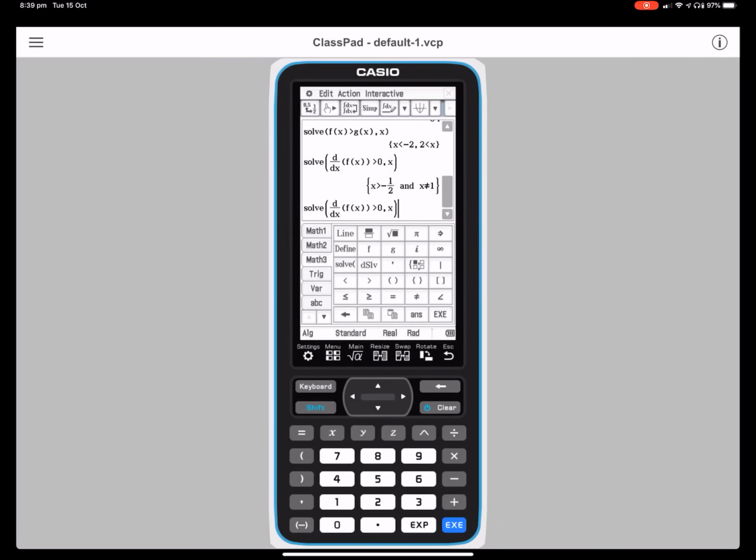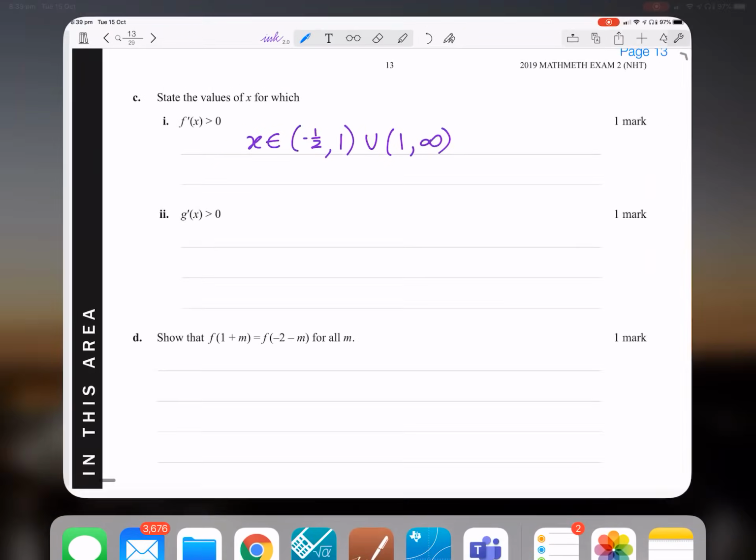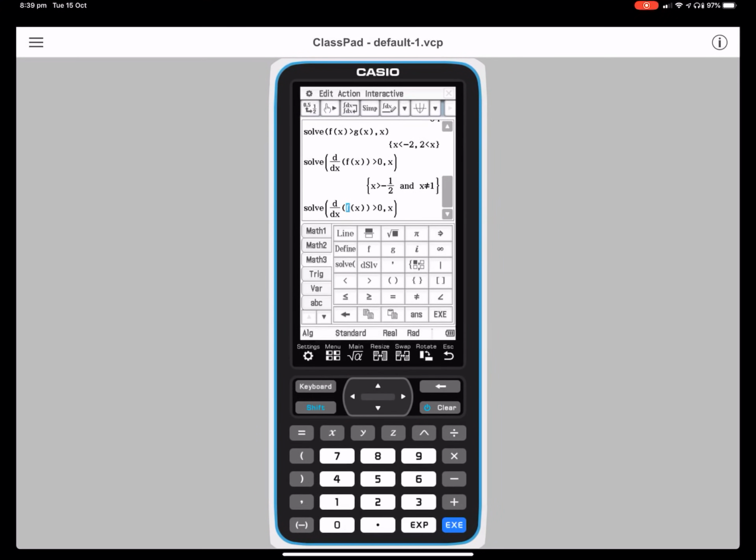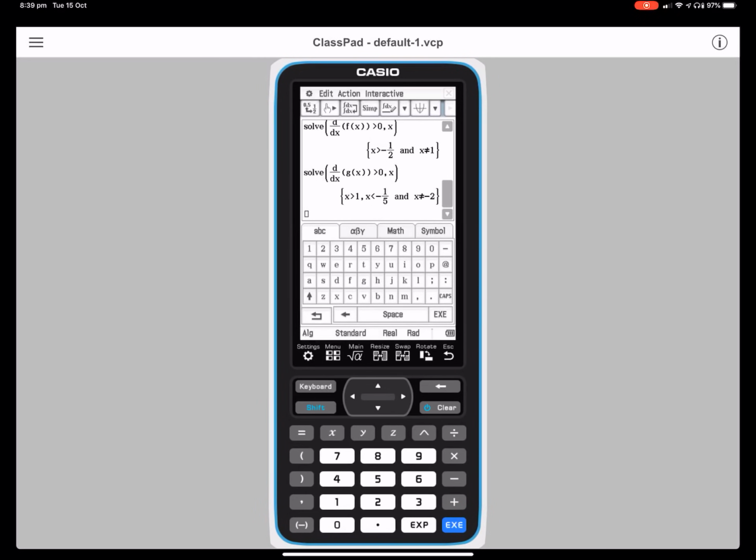What was the other one? g dash of x. So let's change that to a g. x is less than negative a fifth, but it can't equal negative 2.